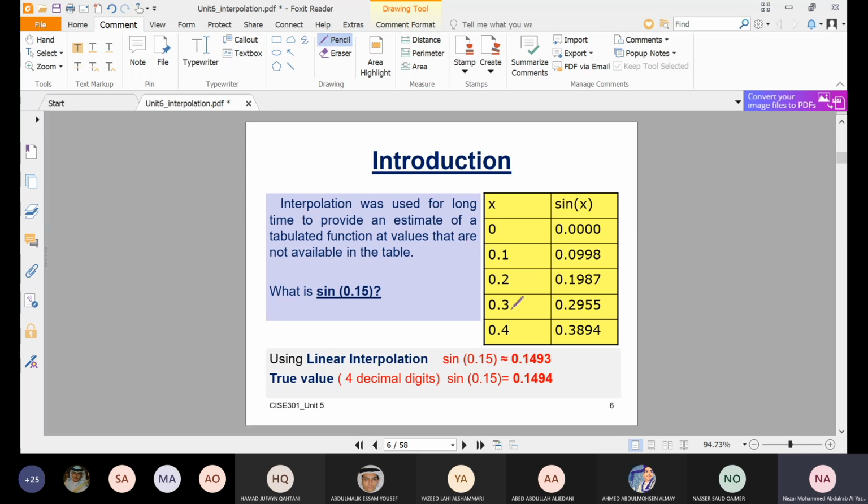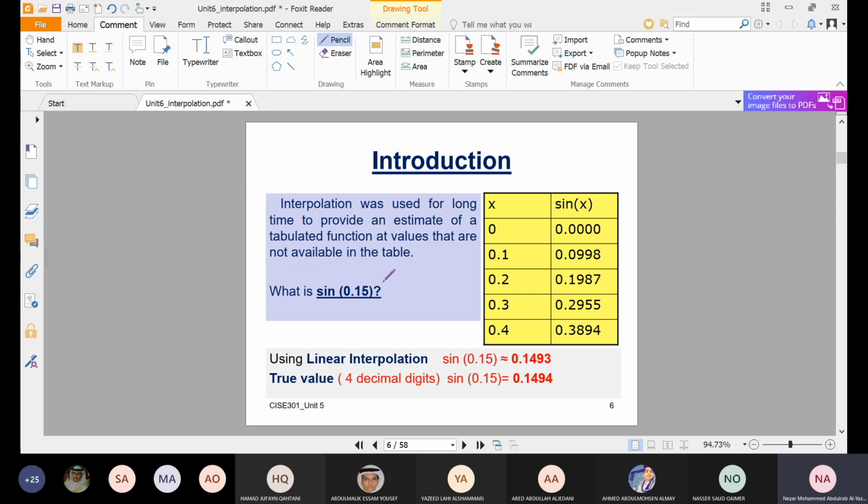So here, this is one of the examples that we usually use. For example, the question here is to find the sine of 0.15. And here you have a table of data. If you look at this table, I have x equals 0, x equals 0.1, 0.2, 0.3, 0.4.